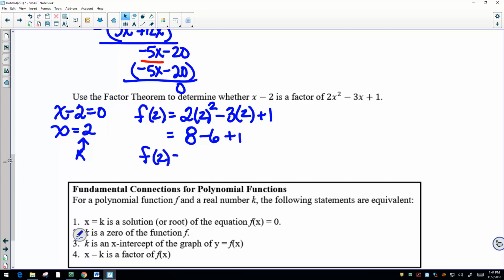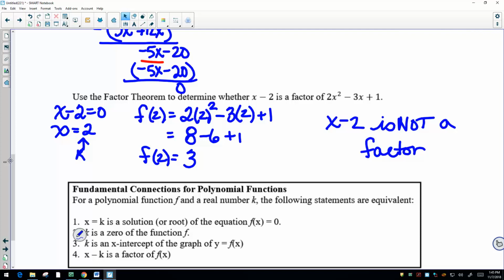So when we simplify this, we're going to find that f of 2 is 3. Okay, so now we have to stop and think, is this a factor? Is x minus 2 a factor? And I would have to say no. x minus 2 is not a factor, because we have a remainder. That means it did not divide in evenly, and therefore it cannot be a factor of the function.